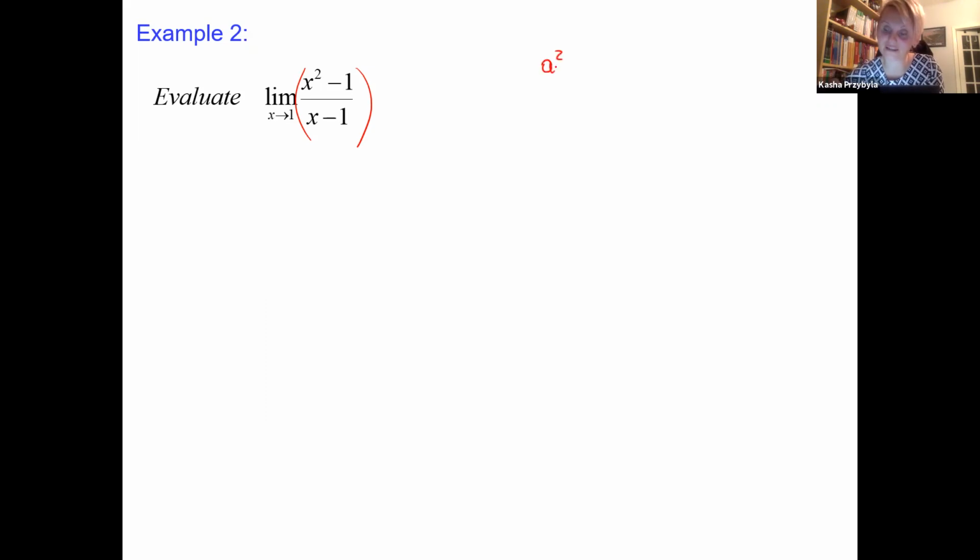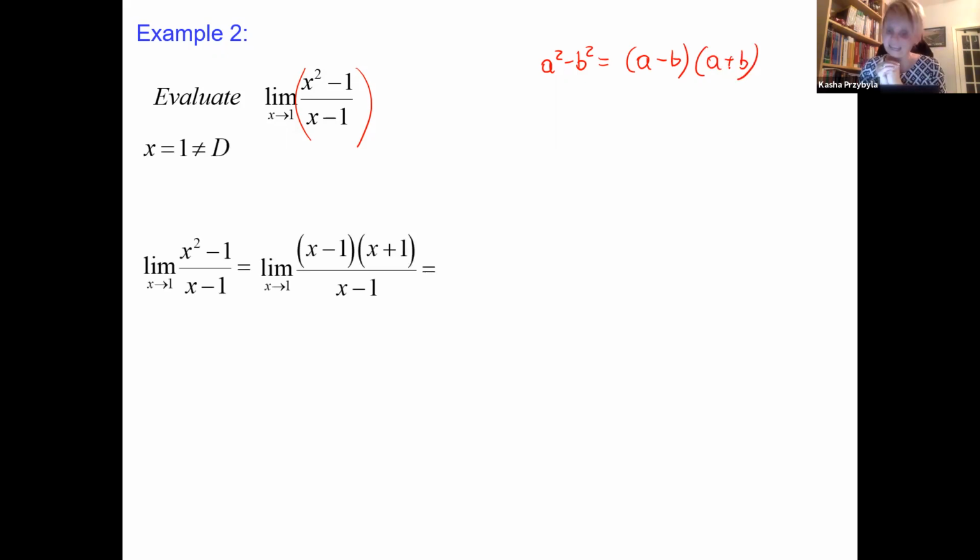We have a squared minus b squared, and I can factor it as a minus b times a plus b. Then can you see the common factor? 1 minus 1, 1 minus 1, that's my 0. And the 0 is gone. After reducing, I can substitute 1 instead of x, and it's 2.